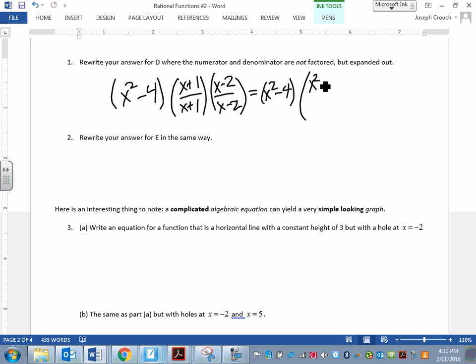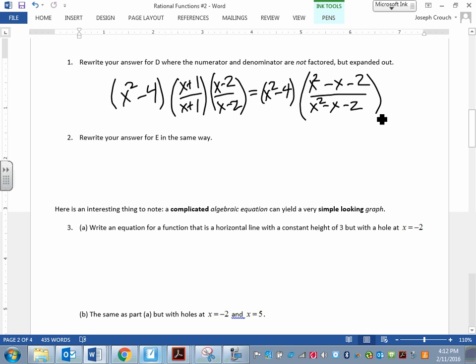You have to distribute, not FOIL, because when you FOIL, you're going to get yourself stuck here in a minute. So when I distribute, I'm going to get the same thing since across the top and the bottom I'm doing x plus 1 times x minus 2. So I'll get an x squared, and I'm going to get a minus 2x and a plus x. That's minus x, and I'm going to get a minus 2 over x squared minus x minus 2.